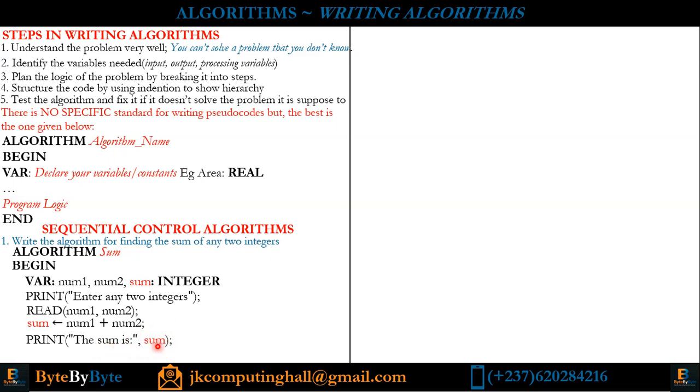And take note, many errors that students make is thinking that this sum is this sum, because you will be given another program where they will say output, for example, the volume, or the output is something very long.